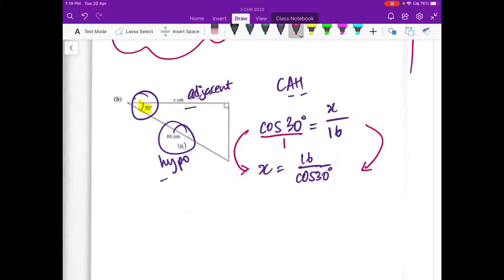I put the cosine 30 over 1. Now we have a fraction equal to another fraction. What should we do? What do we have? X equals 16 cosine 30. Right? It is different from what your friends told you just now.